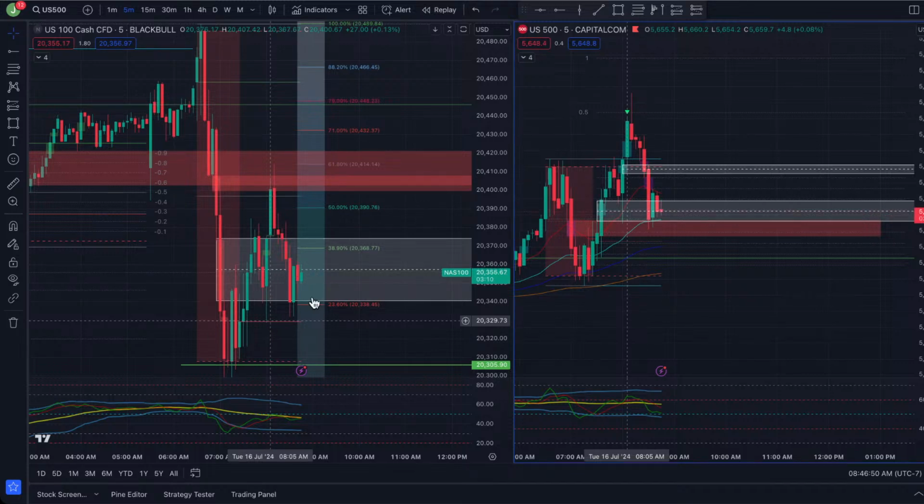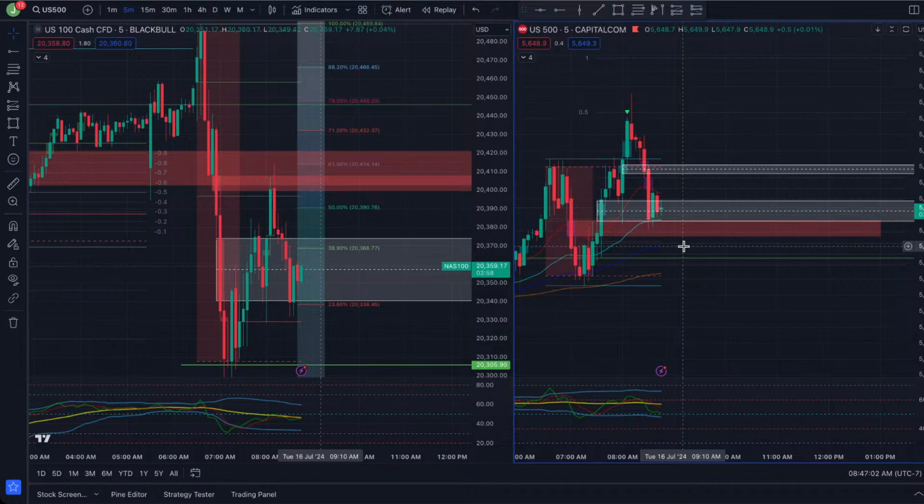Otherwise I could just use this to push down. Three minutes to candle close. If this candle closes above this consequent encroachment, that's a telltale sign this thing wants to push up.